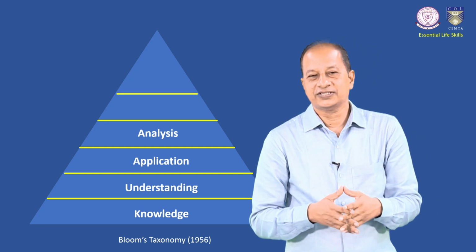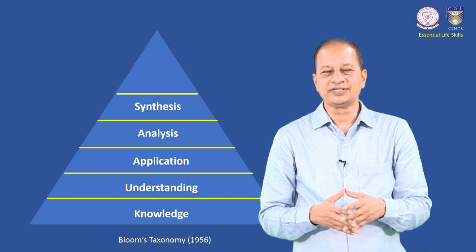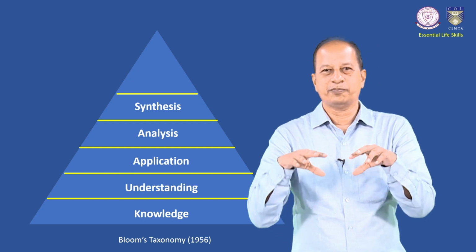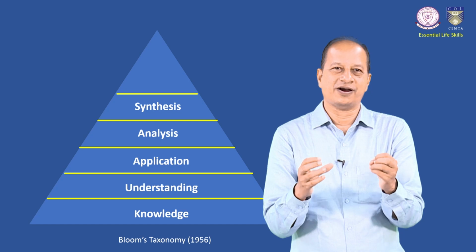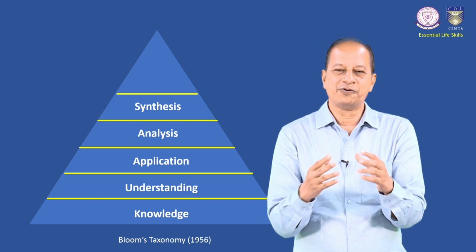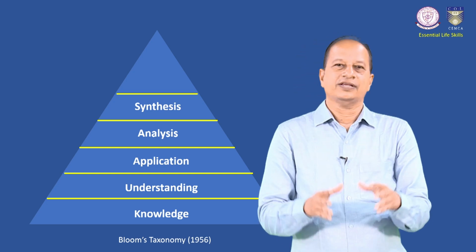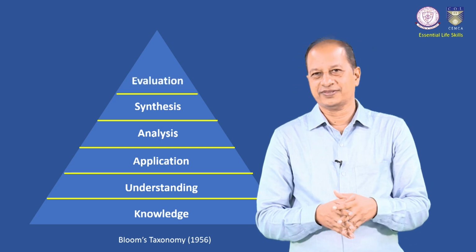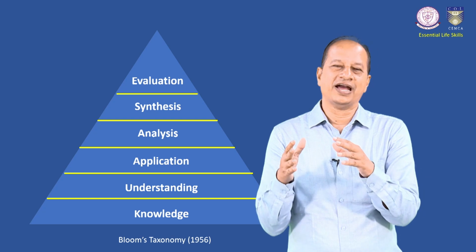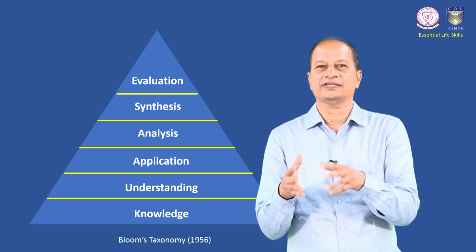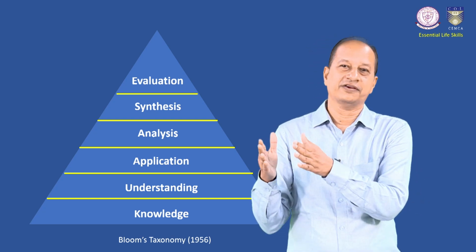The next is synthesis, which involves the putting together of elements and parts so as to form a whole. The next one is evaluation, which engenders judgment about the value of material and methods for a given purpose.